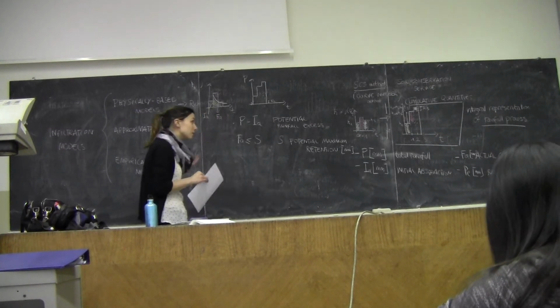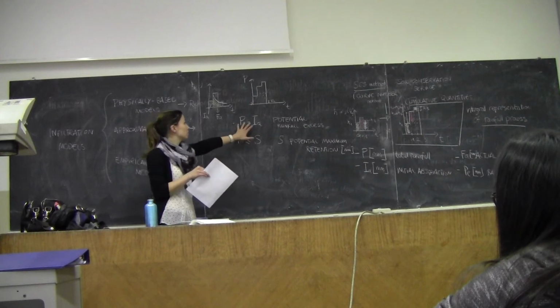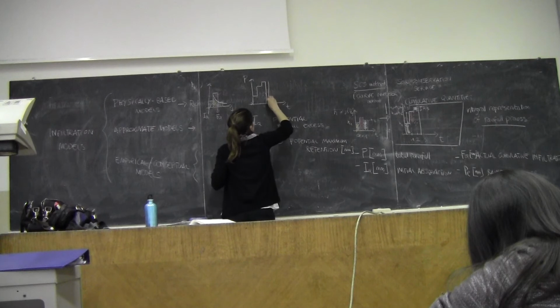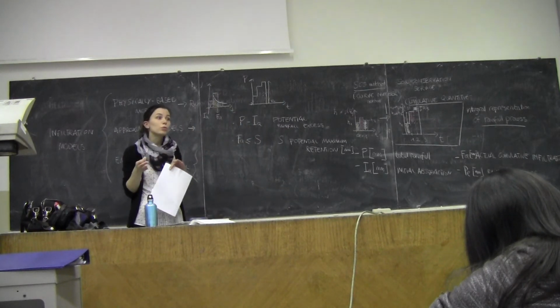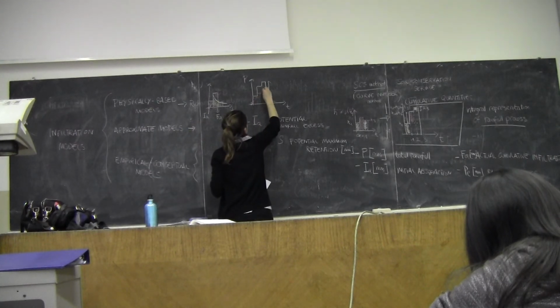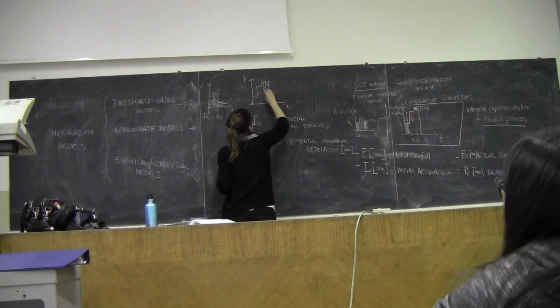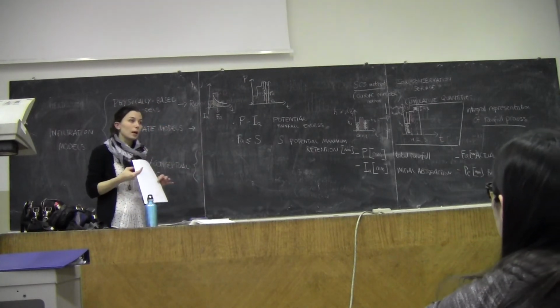But actually, what happens is that only a part of this P minus IA contributes to the rainfall excess. So let's say that this is PE and this is FA. Okay.